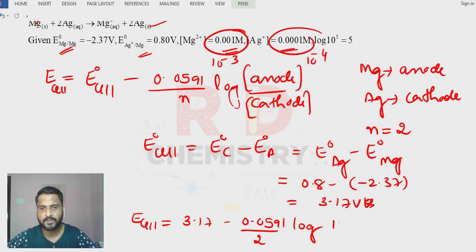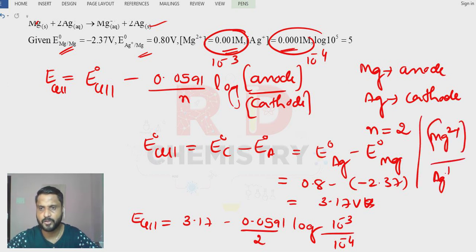This is the magnesium 2 plus concentration divided by Ag plus concentration, correct? But the number of moles is 2 for silver, so you have to square it. See the powers: the power is plus 2 here, plus 1 into 2, this number should be the same as n equal to 2. So you have to square it.